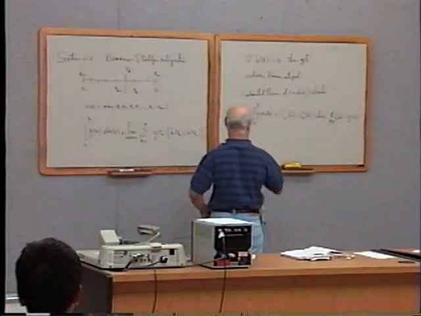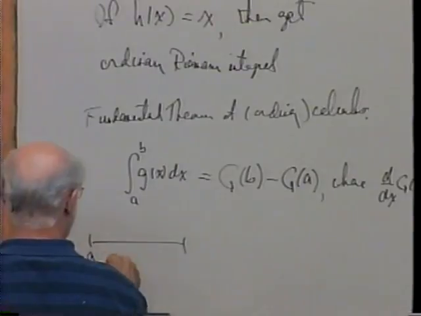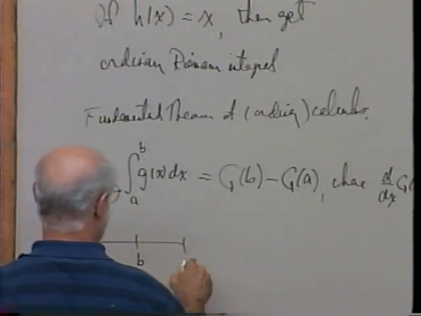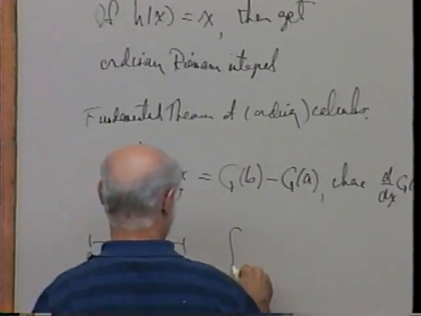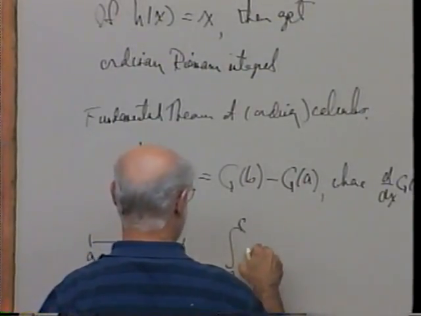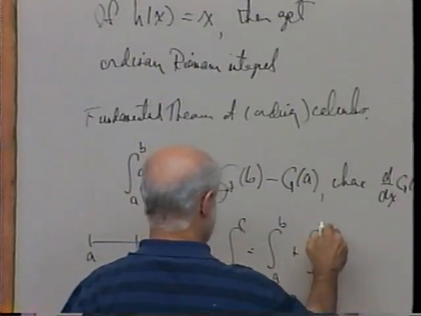Say things like this. Suppose that I have an interval. Here's A, and here's B, and here's C. The theorem would say that the area, or the integral, from A to C is the area from A to B plus the area from B to C.